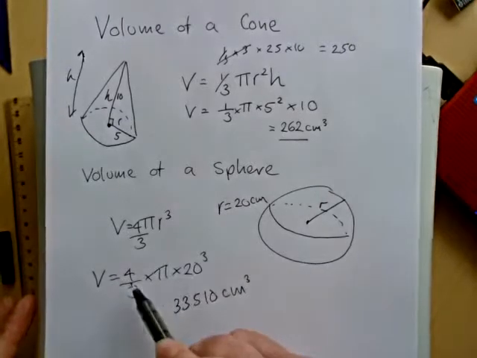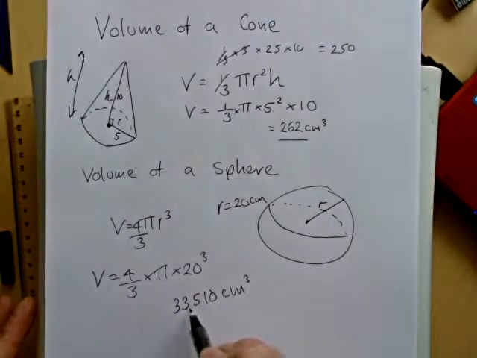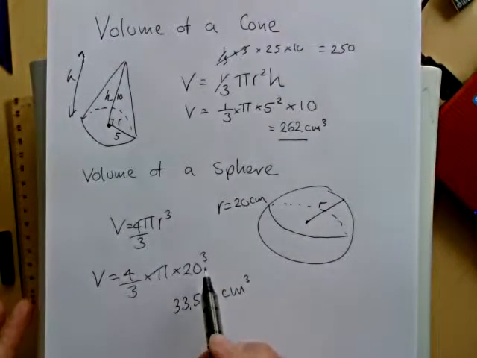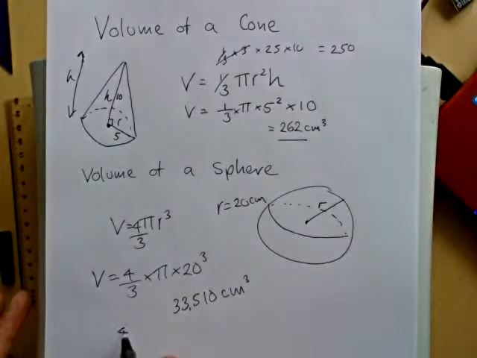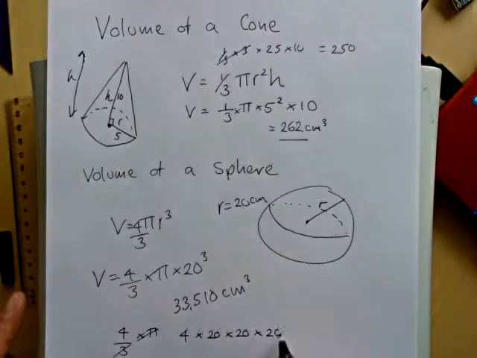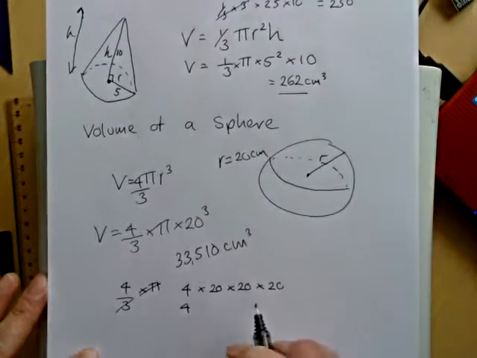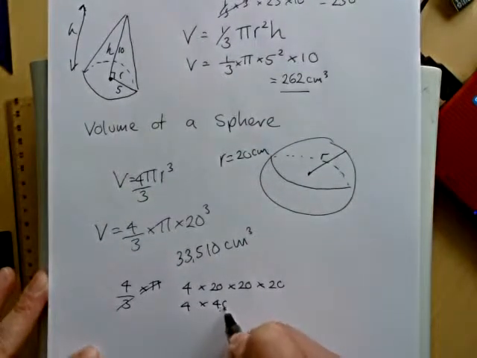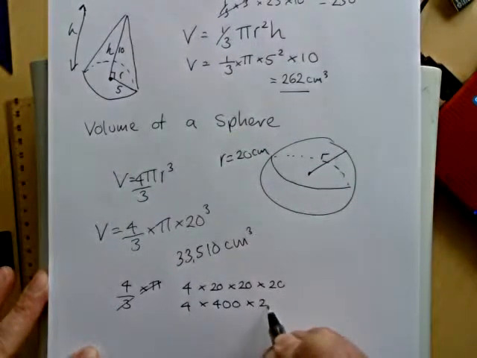Now over to this particular sum. Let's see whether it's a very large answer, so have we done anything wrong here? We've got 4 over 3 times pi, so these will cancel out, because pi is just over 3, so for an estimate this will do. So we've got 4 times 20 times 20 times 20, that's what 20 cubed means. 20 times 20 is 400, 4 times 400 times 20.